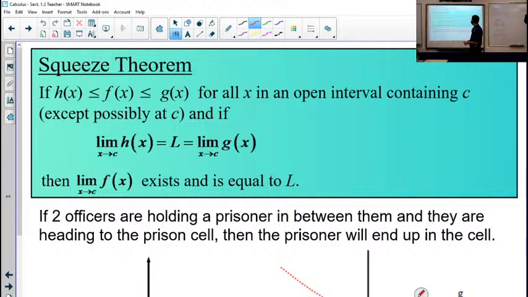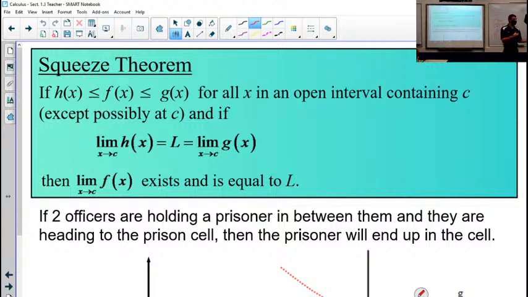For all x on an open interval. So for all x, that means we're talking about something on the graph. It's y values.